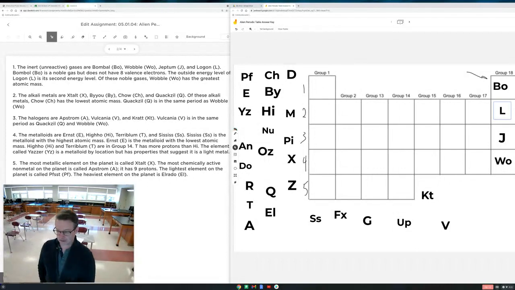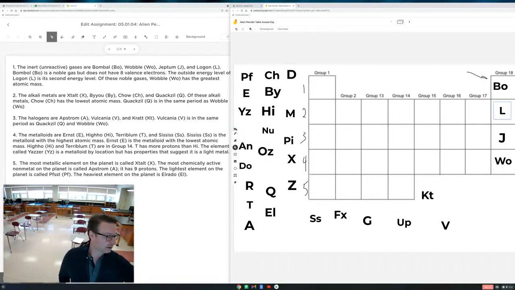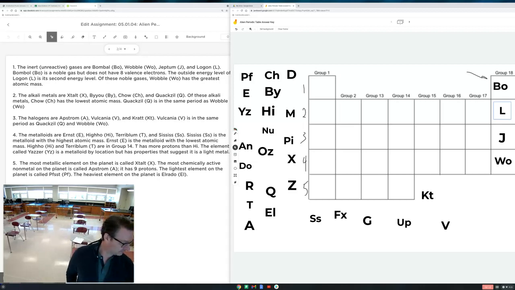And the only space left is J in the third row. So this is the column with the noble gases, and we have finished that first clue. I'm going to cross that off. All right, so that one's taken care of.